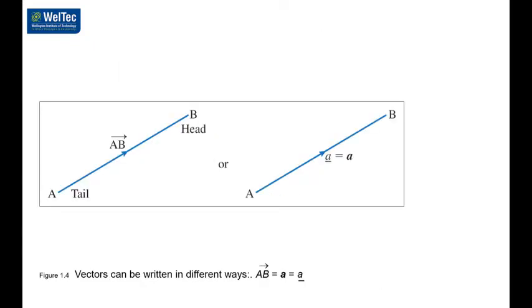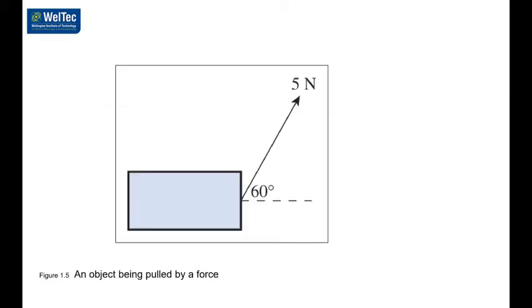We can write vectors in different ways. We can write them with an arrowhead, as a bold little a, with a little squiggle underneath, or sometimes with a little squiggle on the top. All of them are representing vectors. The modulus, or the magnitude, of this force is 5 newtons, and in the next slide we represent it as a vector.